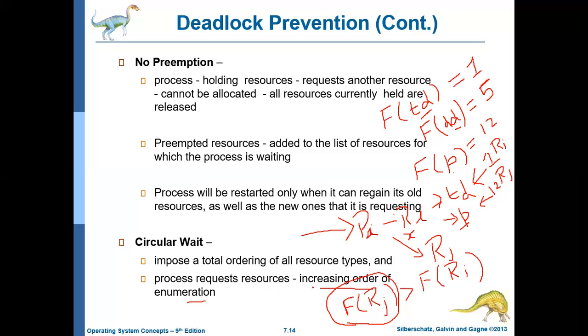That is, first it should request the devices available in fewer instances, and then the devices available in more instances. By following this ordering, we can ensure that circular wait can be avoided.